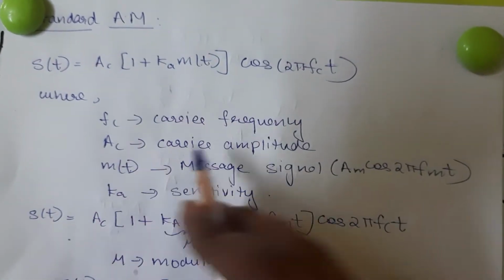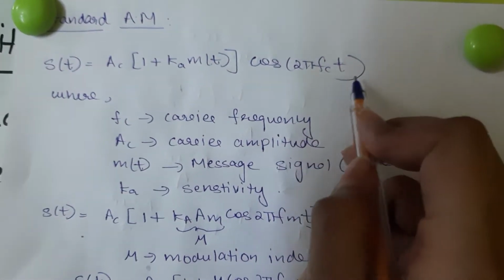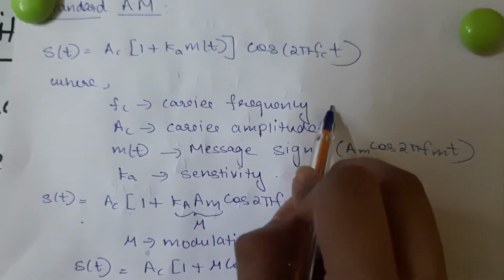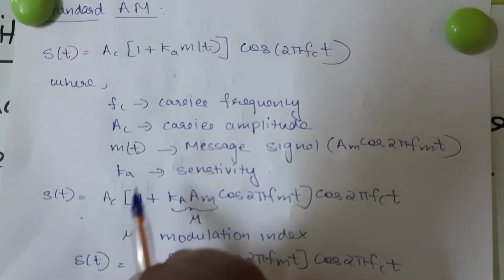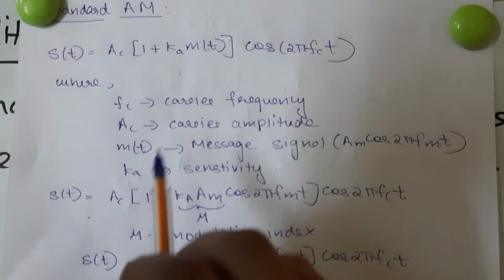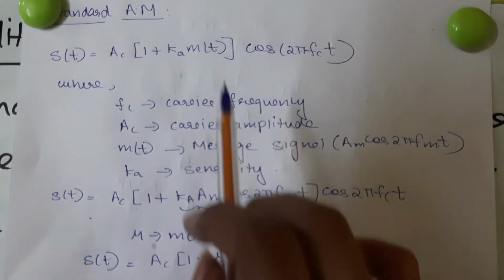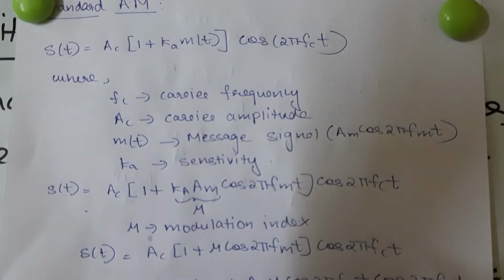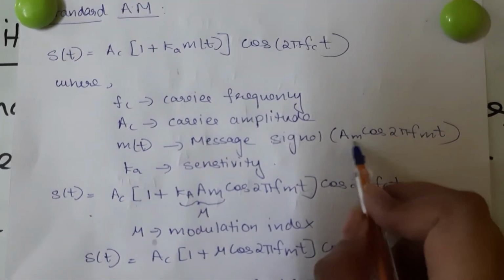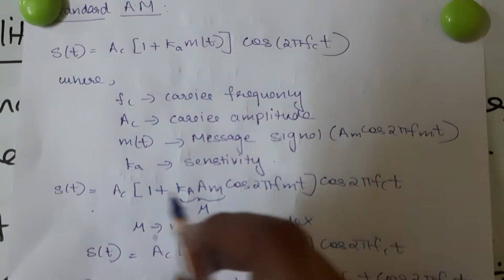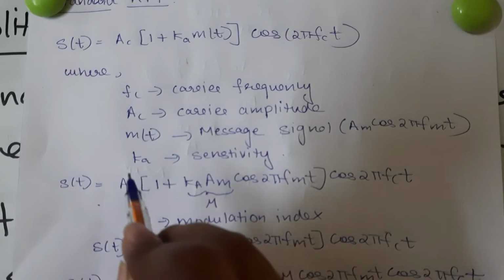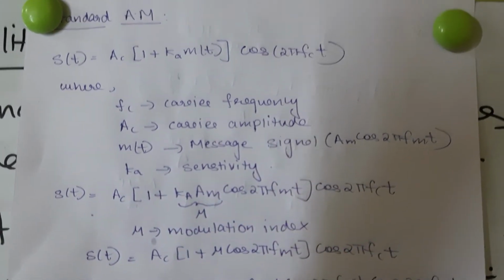Now I'll explain what each thing is here. fc is nothing but the carrier frequency, Ac is nothing but the amplitude of the carrier wave, m of t is the message signal, which I mentioned earlier is going to be Am cos 2 pi fm t, and Ka is nothing but the sensitivity constant.